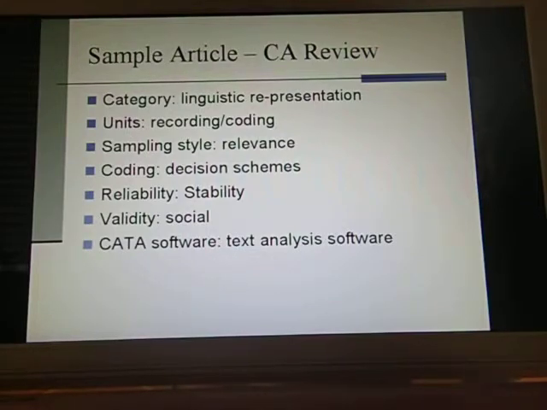The reliability, I believe that the reliability here was only stability. And that's because a test situation occurred. The initial analysis was done, and the initial coding process was created, and then that analyst asked a second coder to use the codes they came up with in order to establish a reliability.